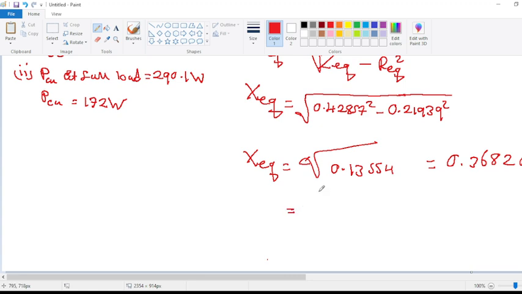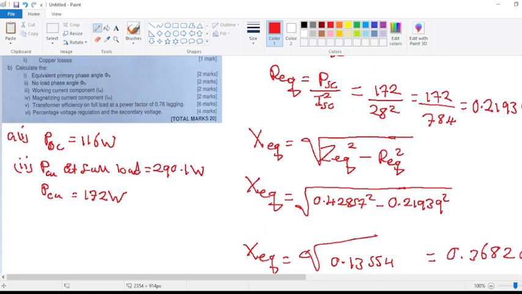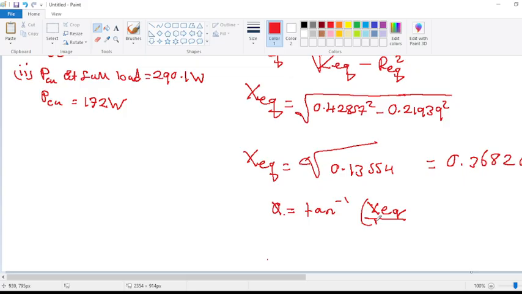This angle here has to be equal to the inverse tan of the equivalent reactance divided by the equivalent resistance. So this is the formula.